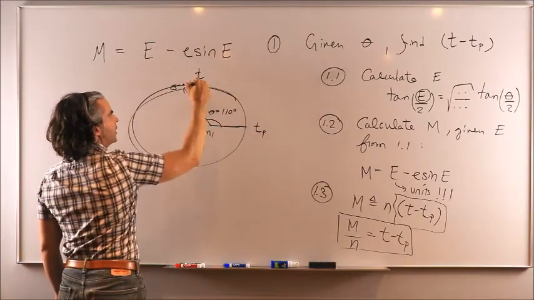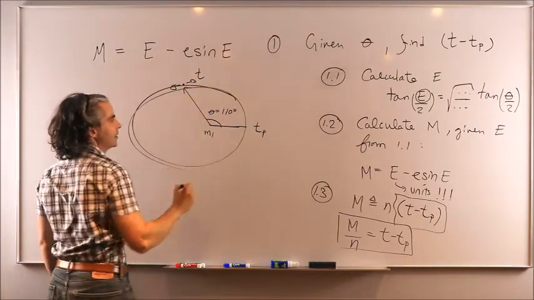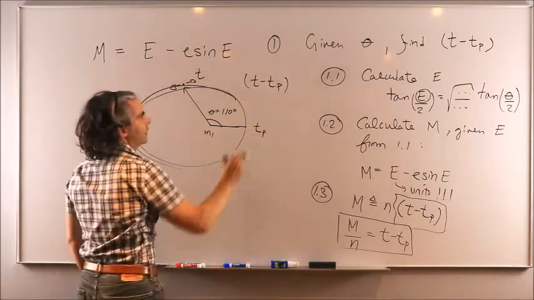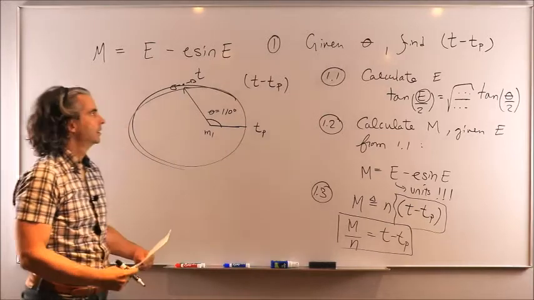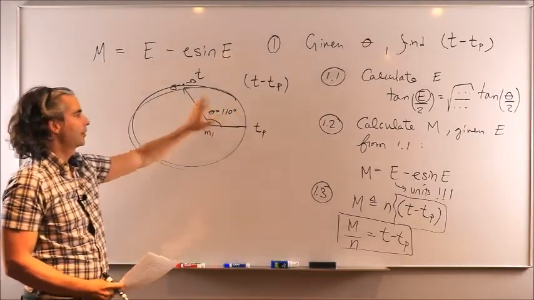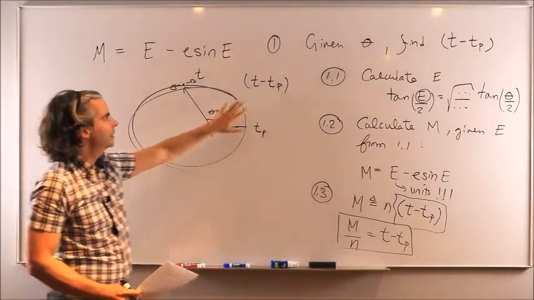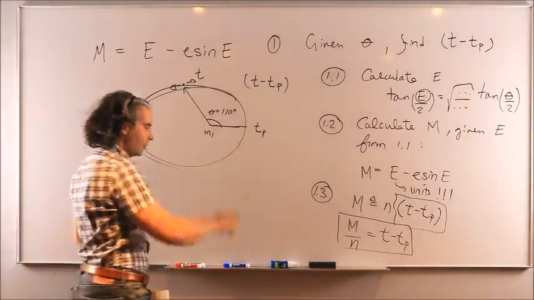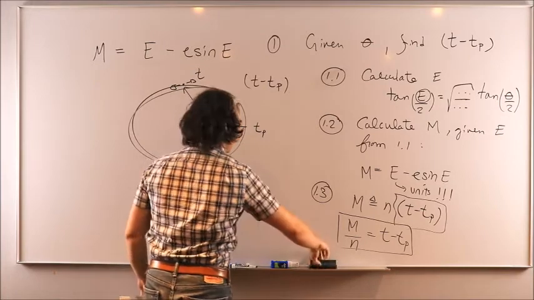So the time elapsed between those two points is essentially the time since perigee passage. This is what this procedure gives you: given the true anomaly, find T minus Tp. Pretty straightforward. It's just a matter of plugging and playing with the equations.